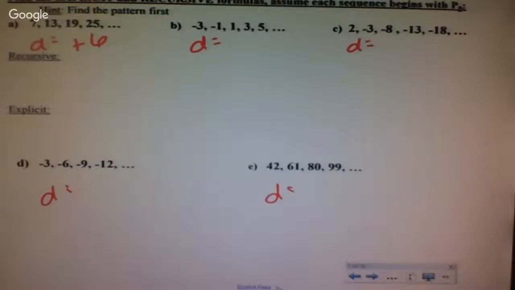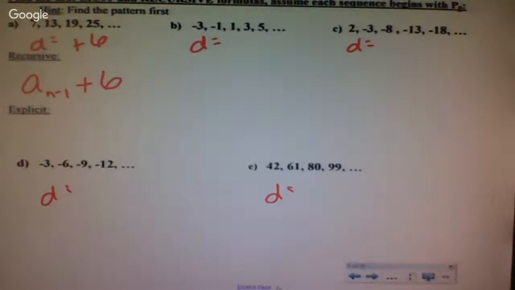Okay. So recursively, that tells me I need to take the number that comes before and add 6 every time. But this isn't practical if I want to know what the 106th term is, because you've got to do that 106 times.